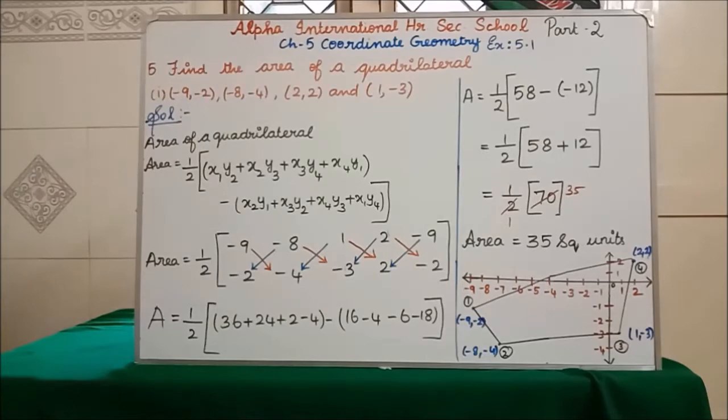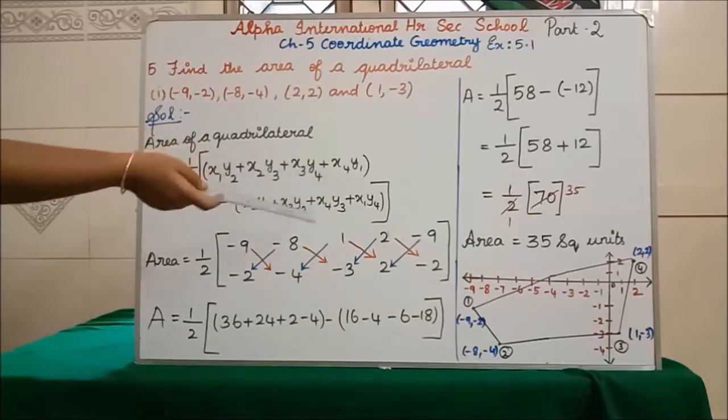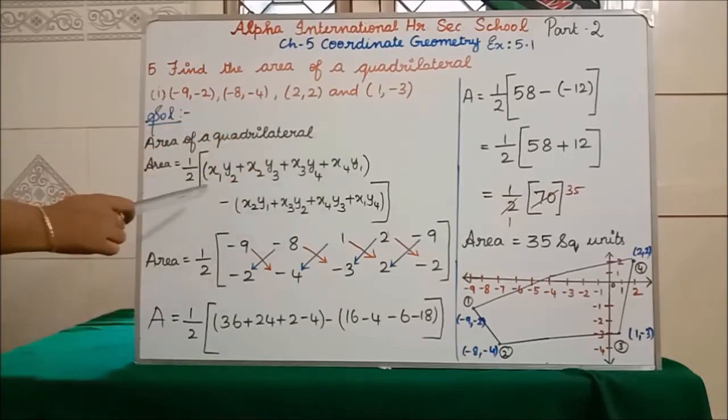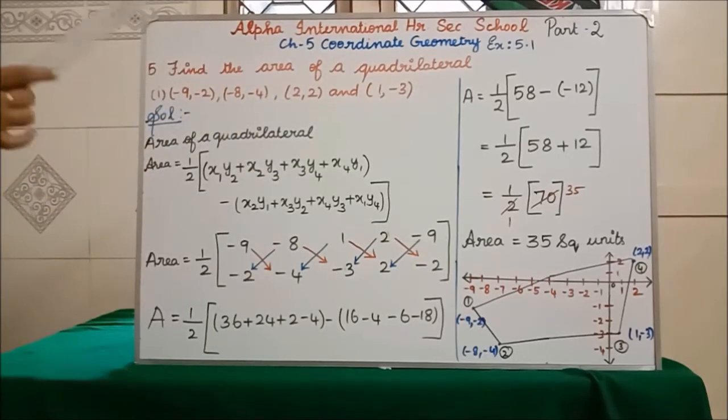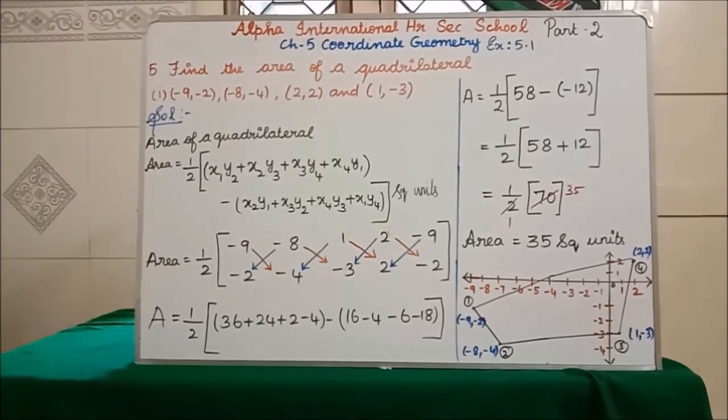What is the area of the quadrilateral formula I have written? 1 by 2 of x1 y2 plus x2 y3 plus x3 y4 plus x4 y1 minus, I don't have space, so I have written it below, but you are going to write continuously. Clear? You don't need to write below, you are going to write continuously. See now x2 y1 plus x3 y2 plus x4 y3 plus x1 y4 square units.